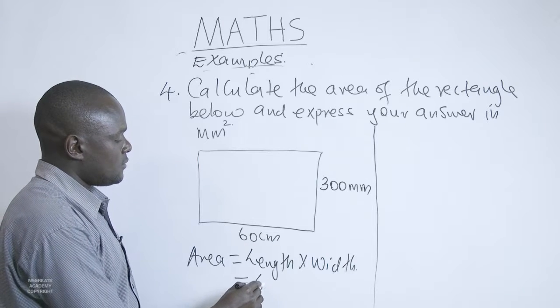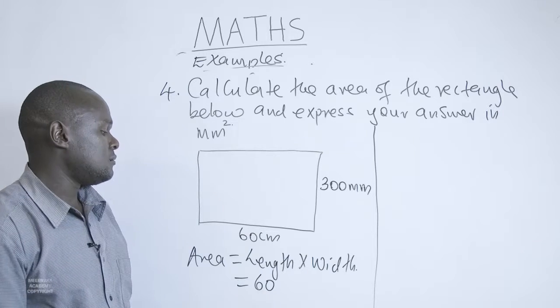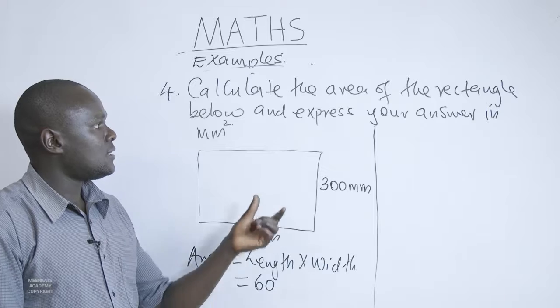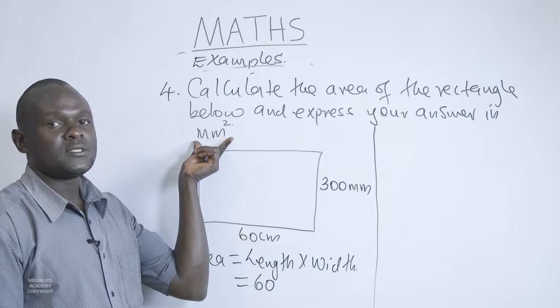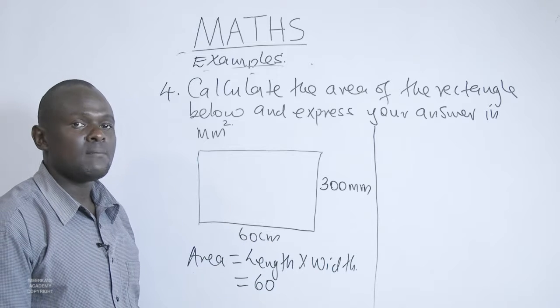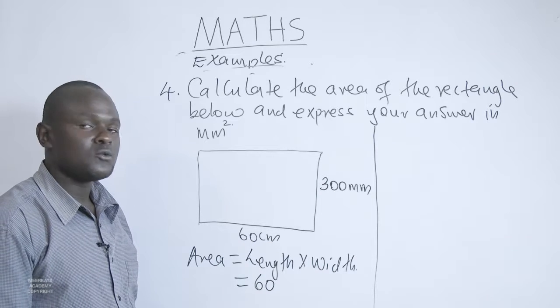Our length is 60 centimeters, and our units are supposed to be expressed in millimeters. So we are supposed to convert this 60 centimeters to millimeters.